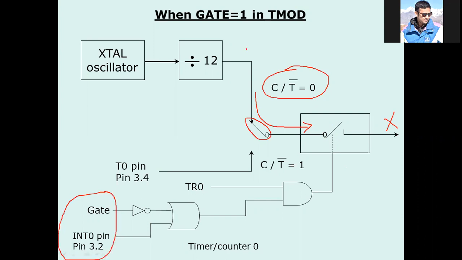In this part, the gate is complemented and fed to an OR gate. The INT0 pin, that is pin 3.2, port 3, third pin, P3.2, is connected to the OR gate. So when will the output be 1? When either of these is 1, then only.